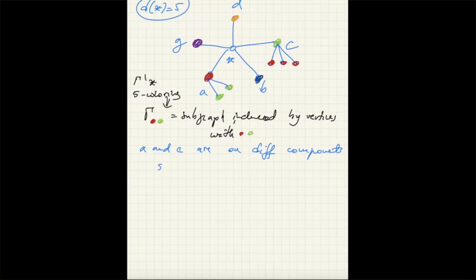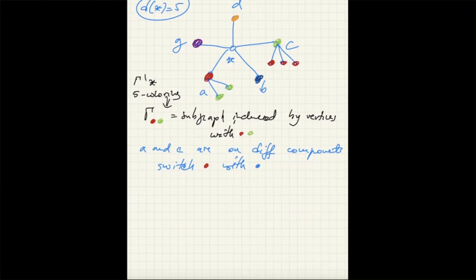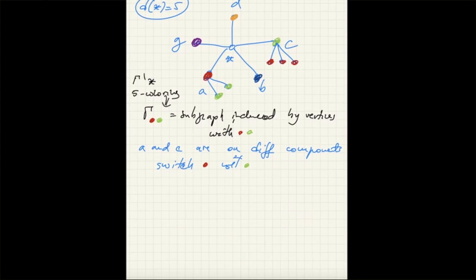then what we do in one of those components, we switch the red with the green. Oops, sorry. With the green. Like this one. So let's say it's like in the picture there, you cannot have this alternating path between them.